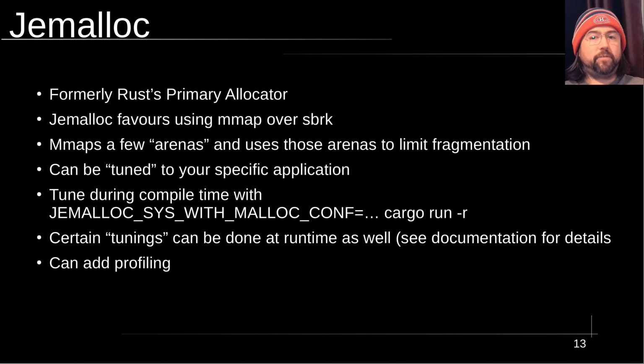So jemalloc favors using mmap over brk. It does this by mmapping arenas, and these arenas can be used to limit fragmentation. In one of the cases that I've hacked around with, the default seems to be, for me, that there were 130 arenas allocated. And that meant that fragmentation isn't going to be so great, because those arenas are limited in size.